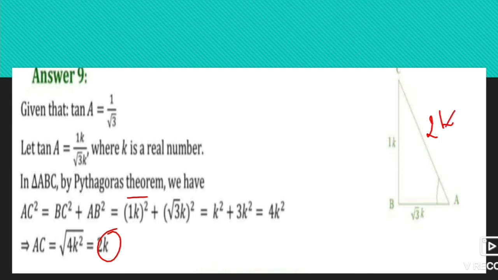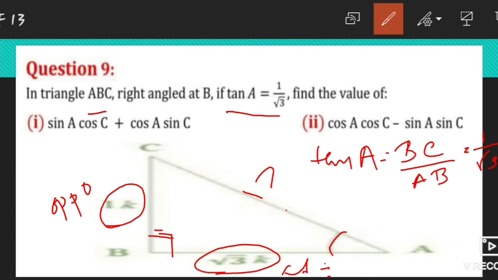Now what do you have to find? In the first part, you have to find sin A cos C plus cos A sin C, and the next one is cos A cos C minus sin A sin C. If you look at the first part and second part, you can see here the acute angle is A and here the acute angle is C. Again here A, here C, here A, here C. That means you have to find sin A, cos A, sin C and cos C. You have to find these 4 values.